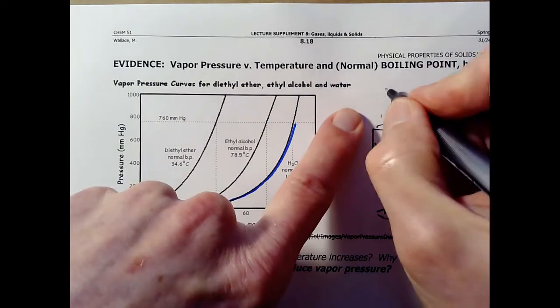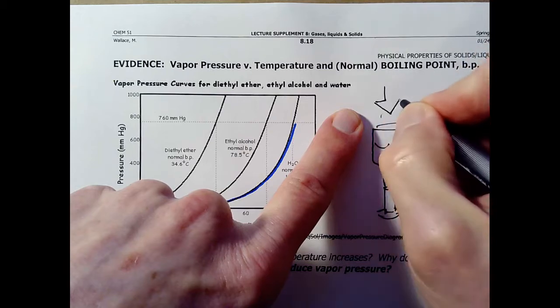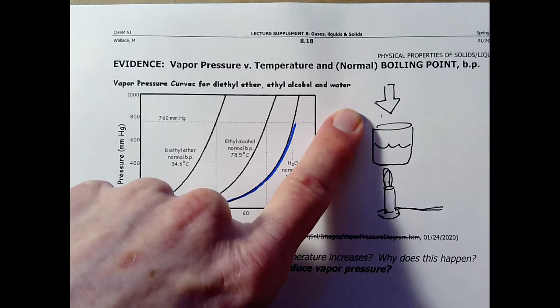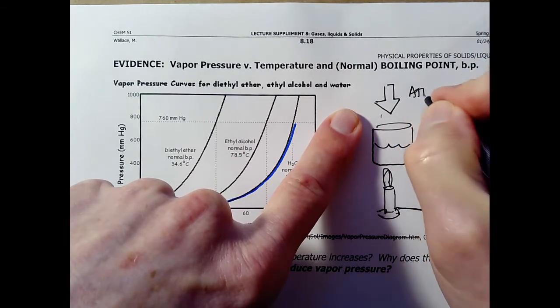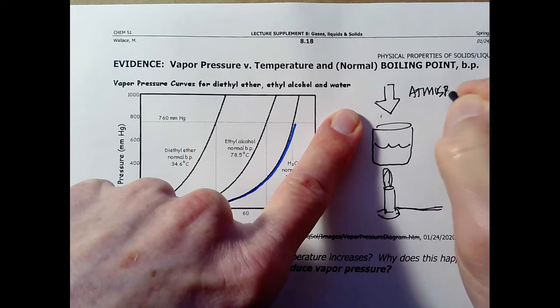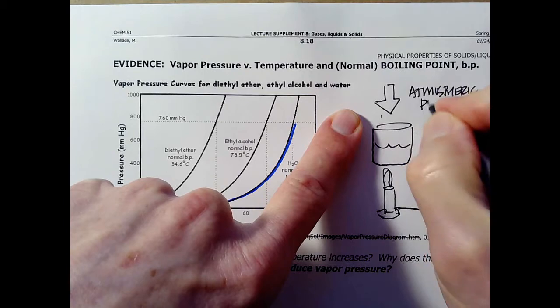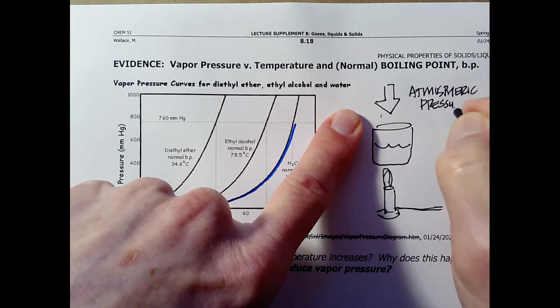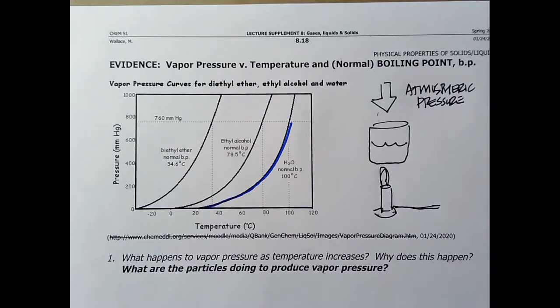Well, one thing we don't think much about, but there is air pressure. We could say atmospheric, or barometric pressure around us all the time. So there's this barometric atmospheric pressure. So that's kind of our image of what's going on.